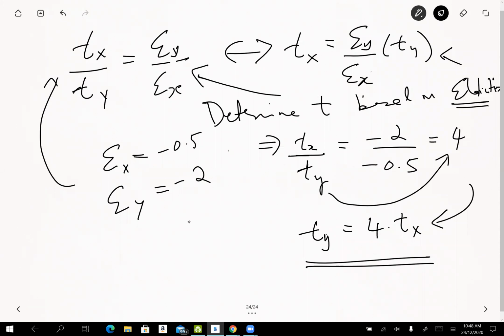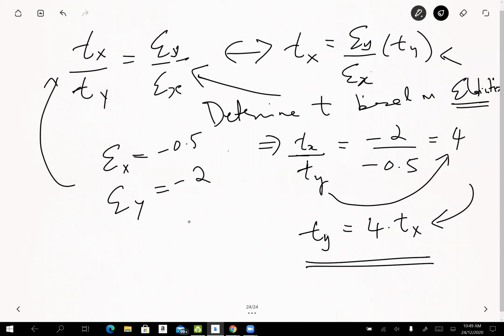So will it be that the tax rate for Y is 4 times bigger than the tax rate of X? You see here, Ty equal to 4Tx, right? So in other words, the tax on Y must be 4 times the tax on X. That is the rule.